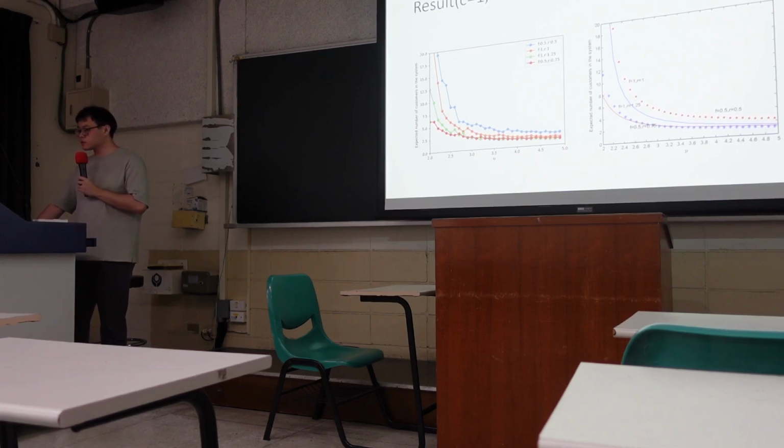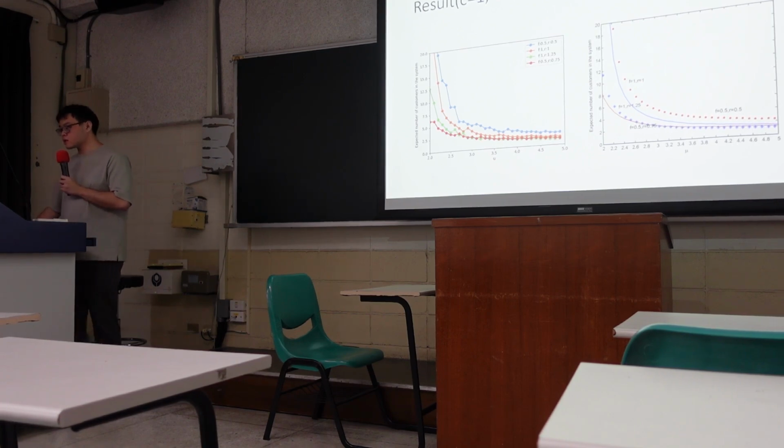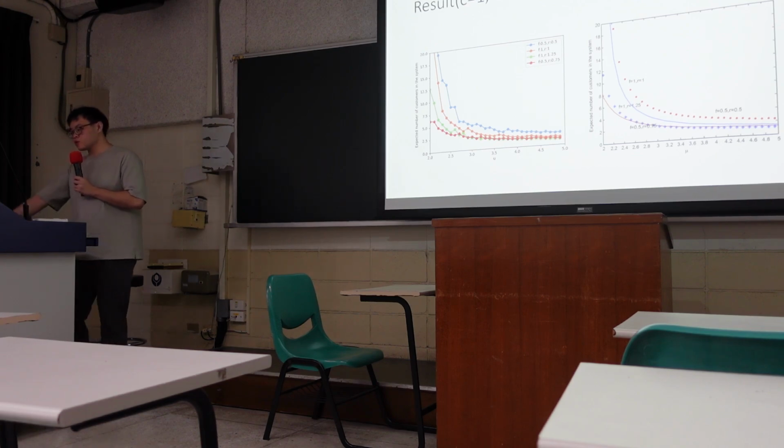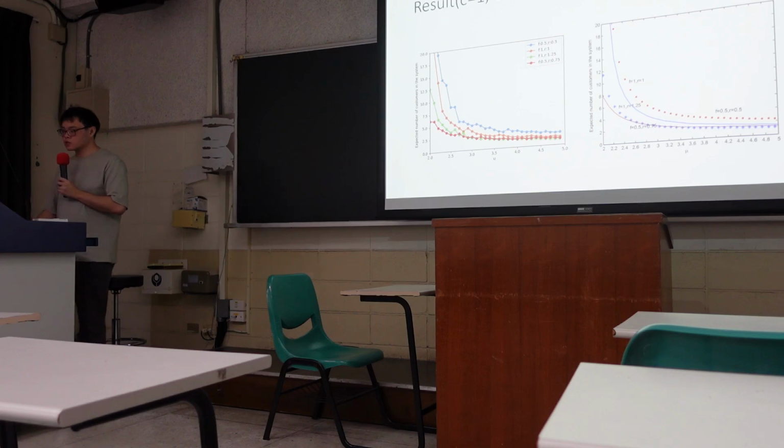And on the right, we can see the values from the original paper. And as we increase the service rate mu, the expected number of customers in the system decreases, which is consistent across all F and R.